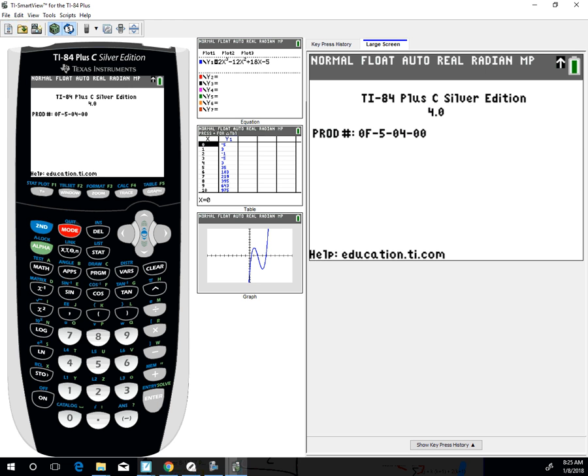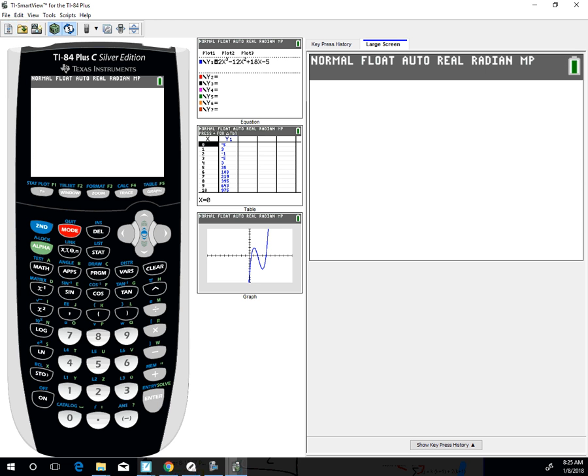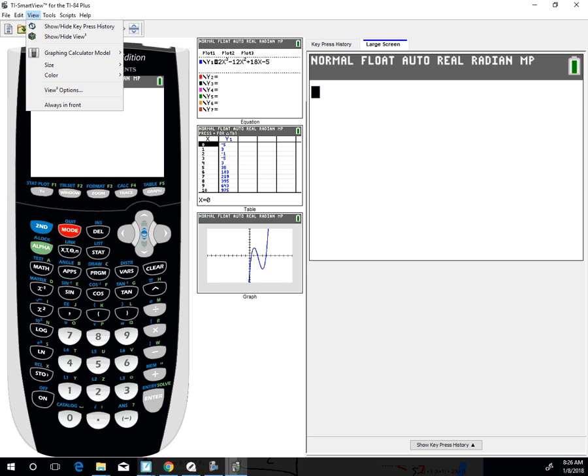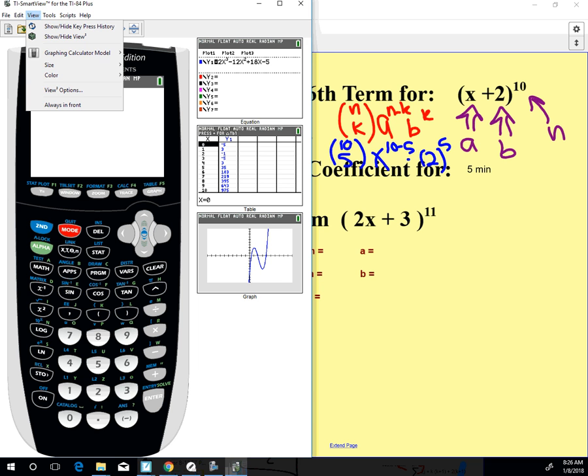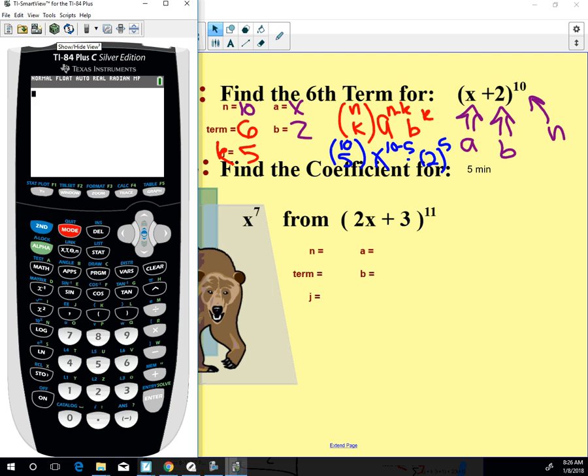So go second quit, and 10 choose 5. Press math. There's a bunch of columns here.